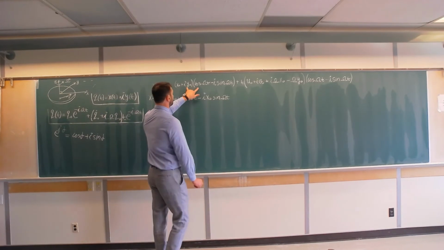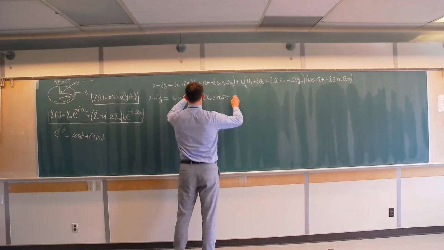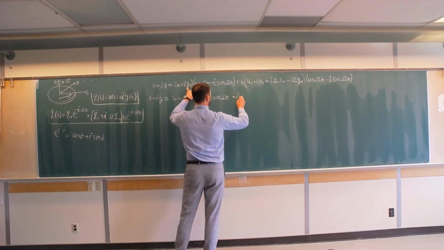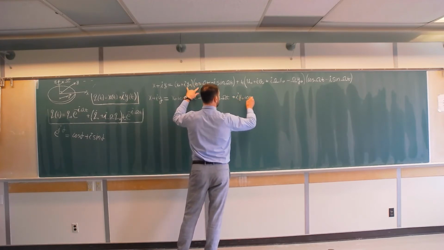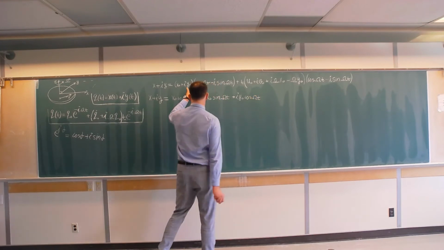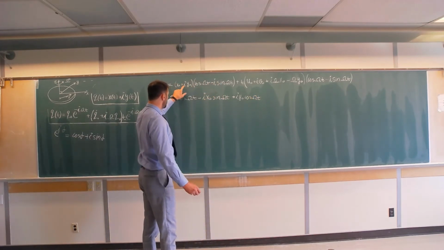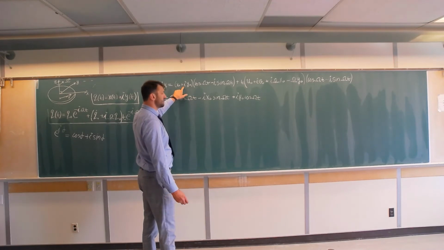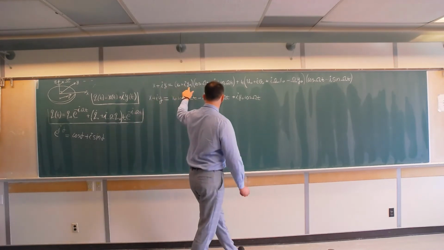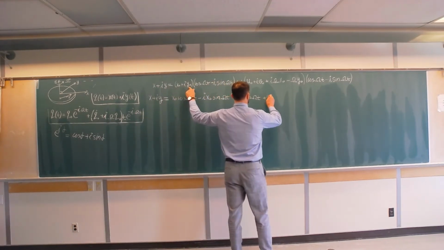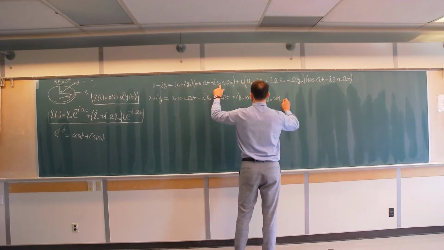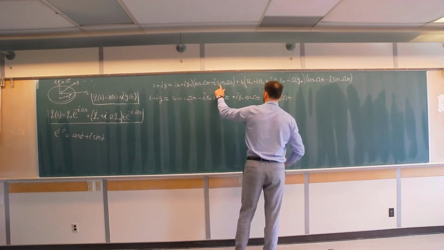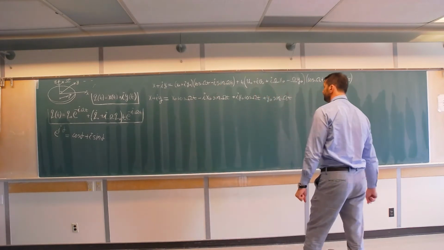Now these two, plus i y0 cosine omega t, and now these two will be negative i squared, but negative i squared is positive 1. So it will be plus y0 sine omega t. Okay?